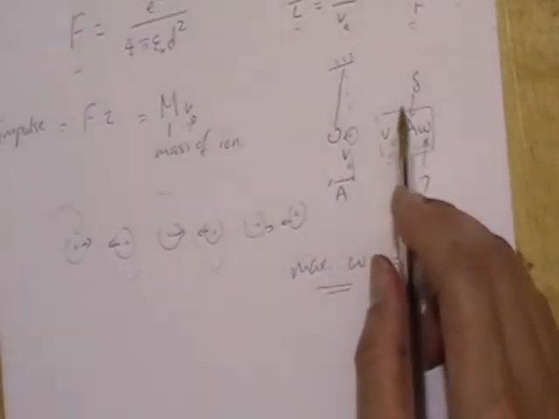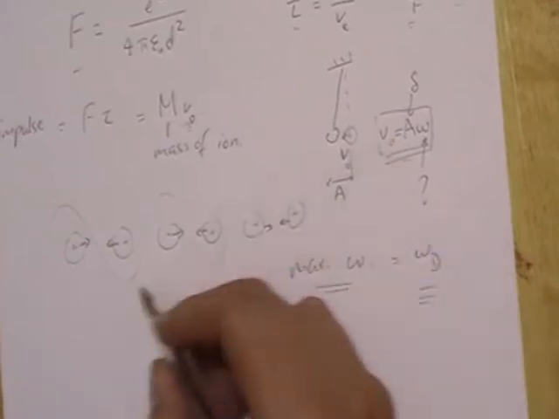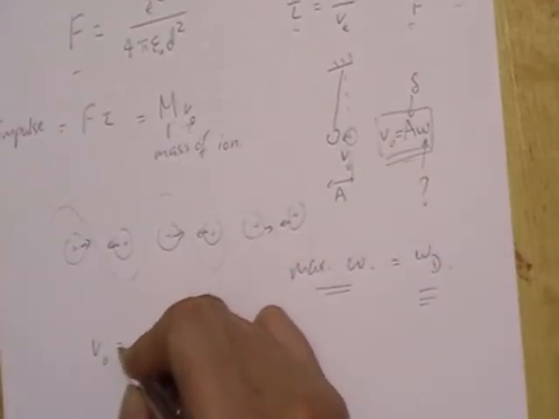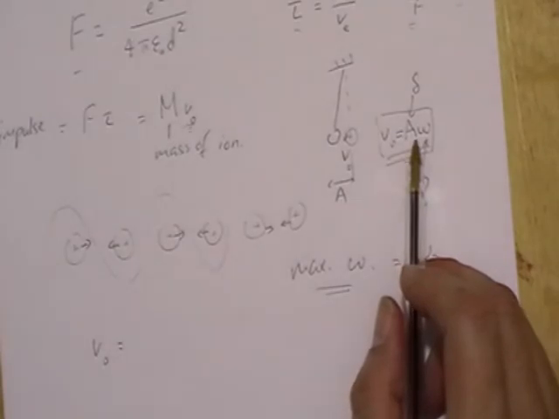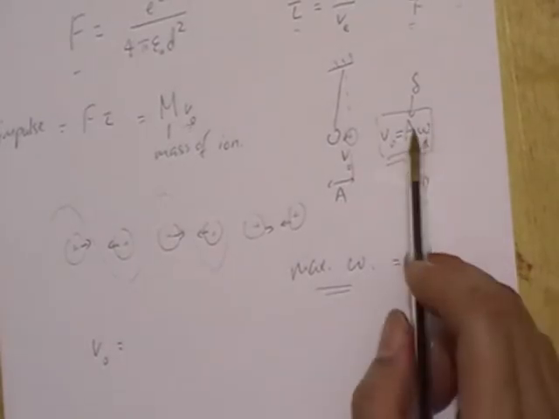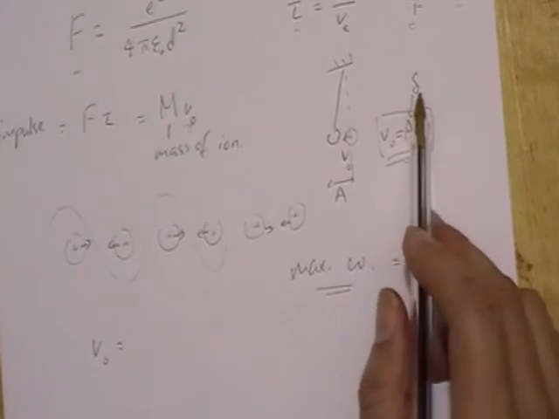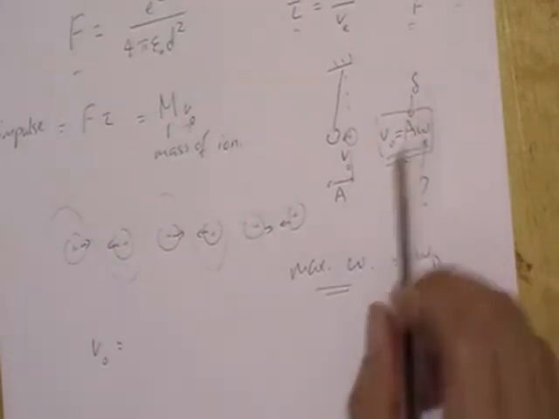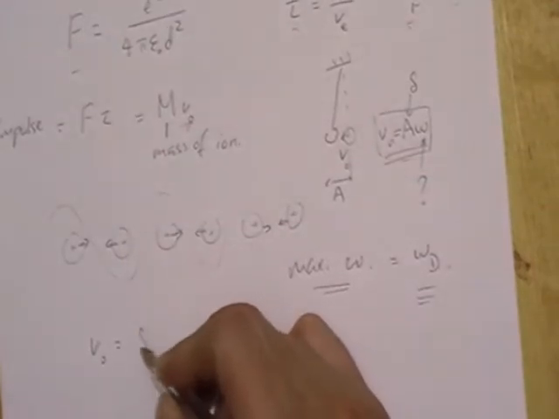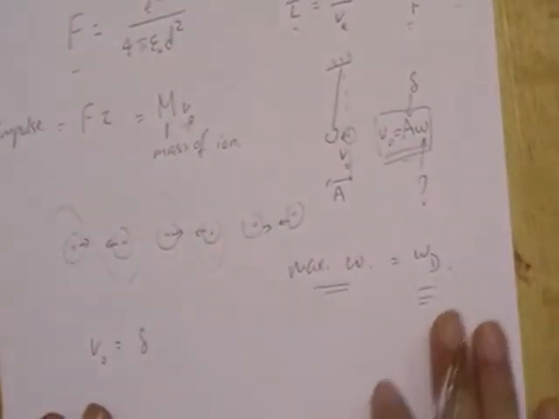Now let's write down the connection. V0 we now take to be the initial velocity of the ion attracted by the electron. Amplitude would be the delta. We are interested in delta as the maximum displacement of the ion.